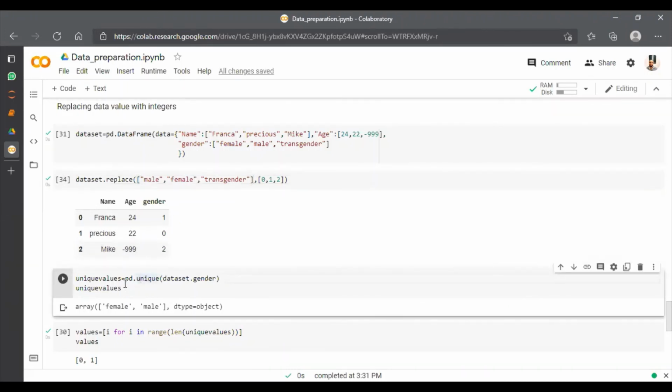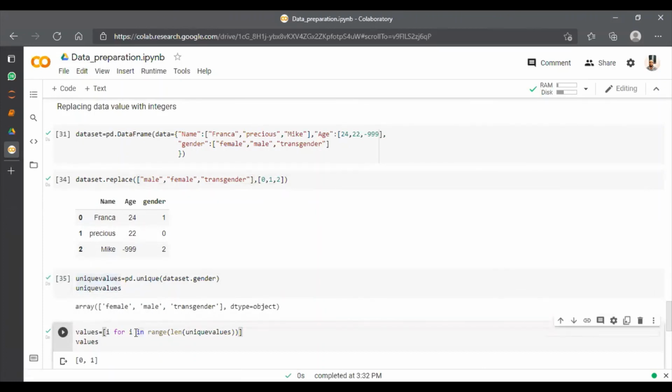To do that, you can try to calculate the unique values like we did here. First calculate the unique values. Then once you calculate the unique values, create a code that is going to assign numbers to each of them: female, male, and transgender.